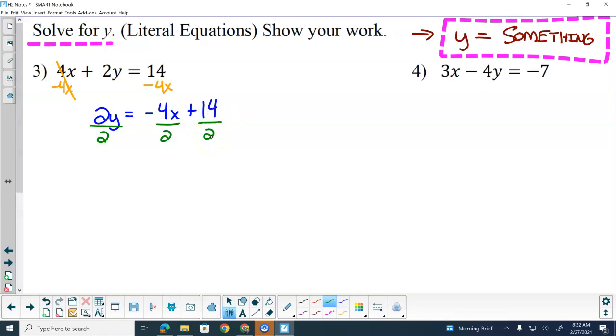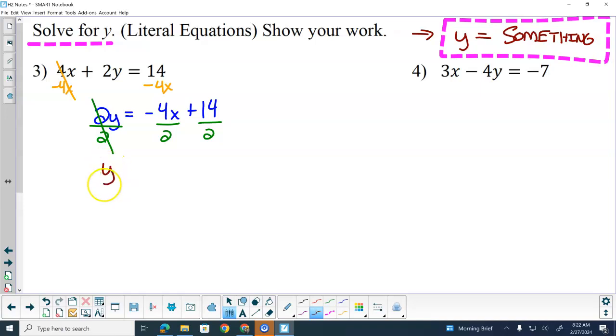I've got to divide in all of those spots by 2. Okay? So these go away. So what am I left with on the left side? Just y, right? Okay, so I want my y.